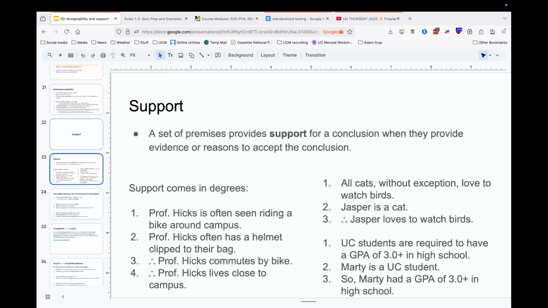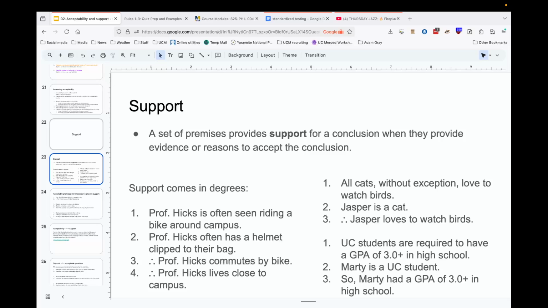In my experience, support is the most difficult concept in the class for students to understand. There isn't a good way of defining it that's not super abstract, like providing reasons or evidence. Well, what does that mean? And I think the biggest struggle is that in the examples we're going to look at in a second, and in a lot of the examples we've seen so far, it's pretty easy to get a clear intuition: oh yeah, these premises do provide support, those premises don't.